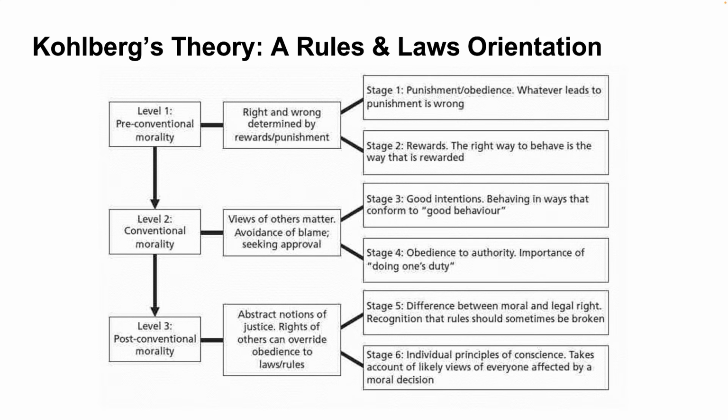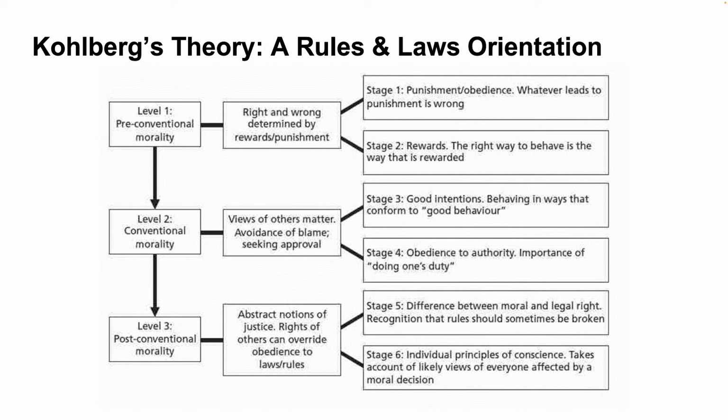And in stage 4, it's obedience to authority, the importance of doing one's duty or being obedient in some way. So it's a little bit of a higher level, but it's still not a very abstract way to think about right and wrong. And by the way, Kohlberg's theory does have to do with rules and laws.